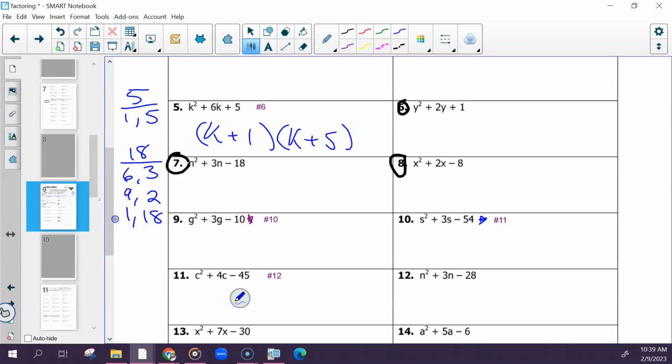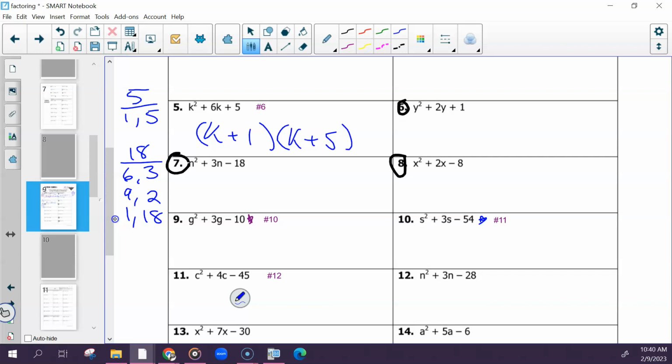Right? When your C is negative, that means you have to multiply to get a negative number. The only way you multiply and get a negative number is if one of the numbers is negative. So you're going to change one of these numbers to be a negative.